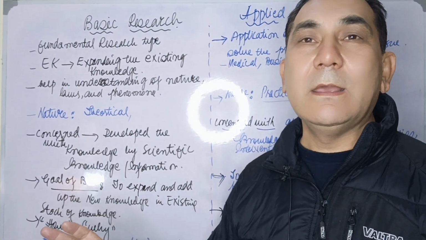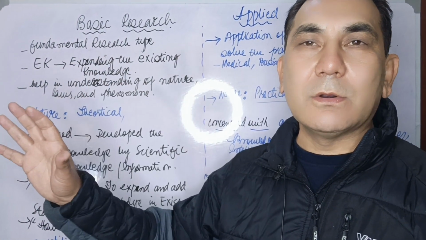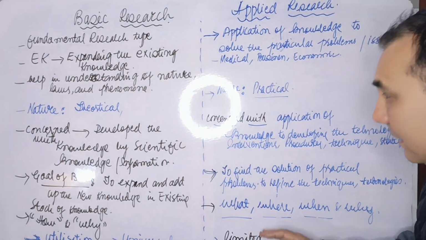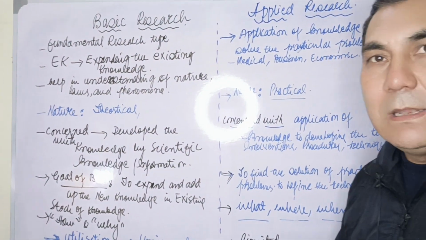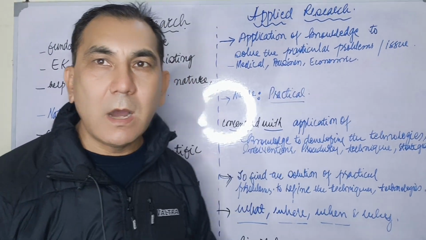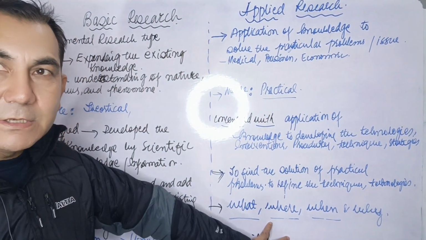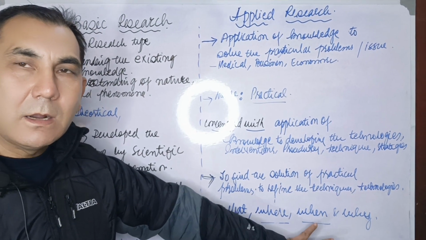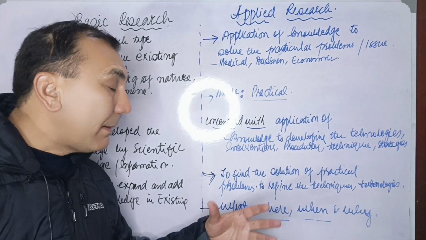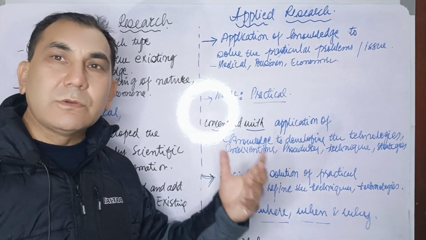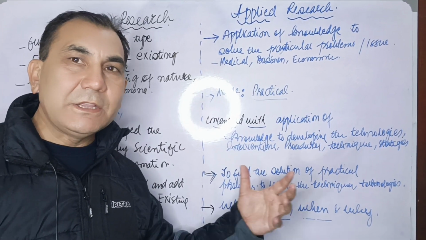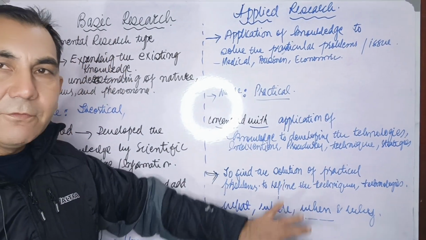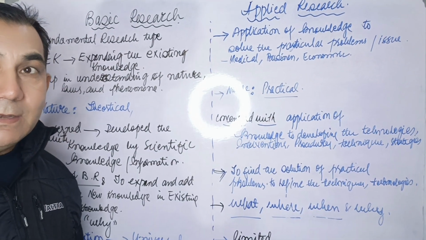You can apply them everywhere in any corner of the world, while applied research is limited because the problems or issues differ according to locality, according to the group of people, the sample size, the geography, the races, ethnicity. All the problems are different according to these areas and concerns.